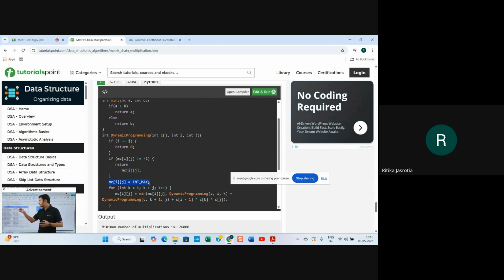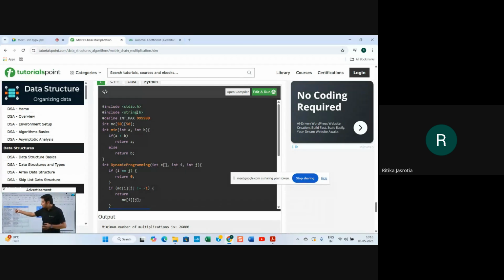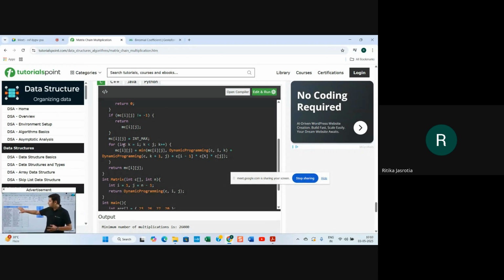Otherwise you will be keeping the maximum value. Int max you have given, this value you have kept, that is the maximum, and then you are finding out the minimum value from this dynamic programming formula, and then you are returning that MC[i][j] value, whatever value you will get here at that particular location of i and j, that is calculated here.